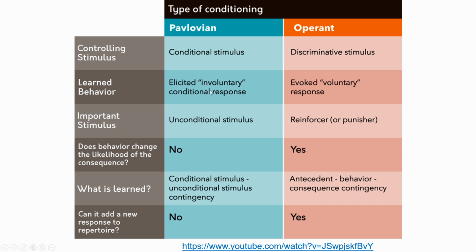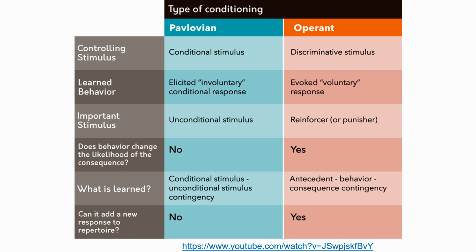For our important stimulus, in classical conditioning we're focusing on our unconditional stimulus. That's the thing that we already knew something about, and we form an association with that existing unconditional stimulus. In operant conditioning, our outcome, whether it's a reinforcer or a punisher, is what's driving this relationship. What do we get out of doing that behavior? This line here is looking at whether the behavior changes the likelihood of a consequence.